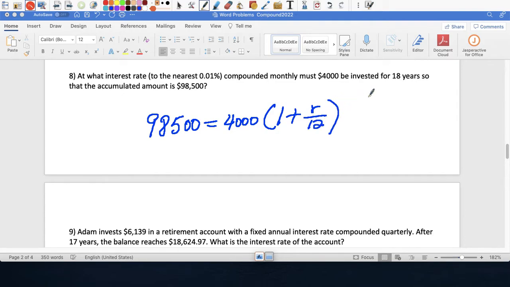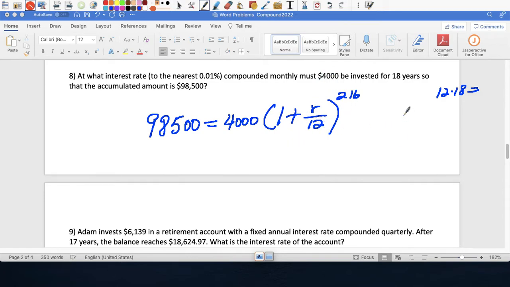And over here is N times T, or 12 times how many years? 12 times 18, which is 216. So that's what that formula is with all the numbers plugged in. So rate is what we're trying to find out.